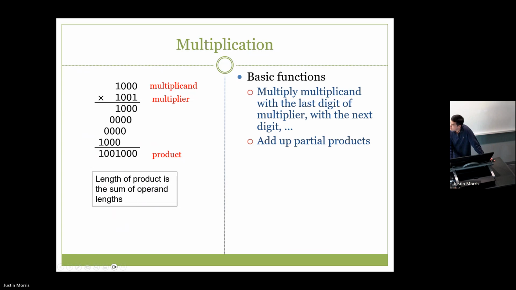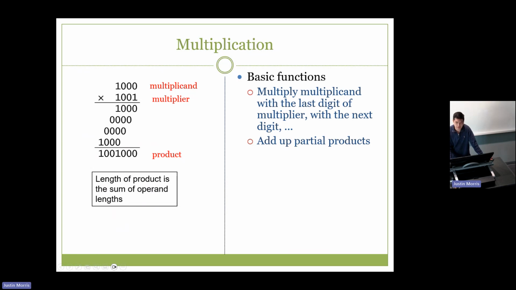Right, so multiplying binary numbers by hand, we can do this. The carries get a little bit more complicated. You have more ones in the multiplier and multiplicand, but you can still just do what you did before, carry them over. All right, so the basic function that we need to be able to do is multiply the multiplicand with the current digits that we're working on from the multiplier, and then add up those partial products.